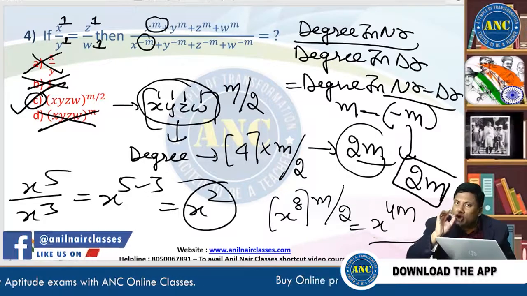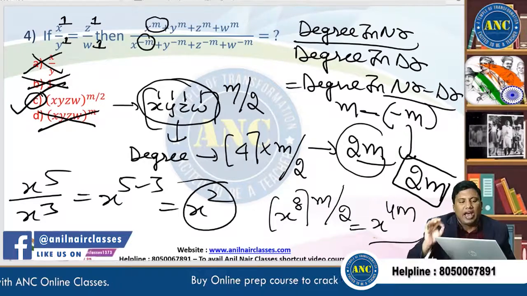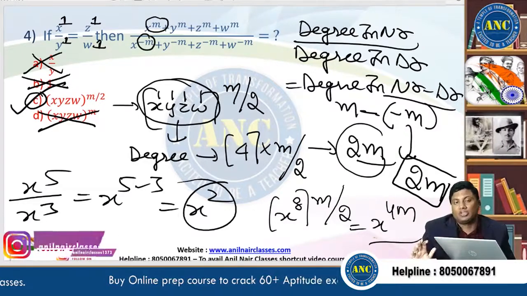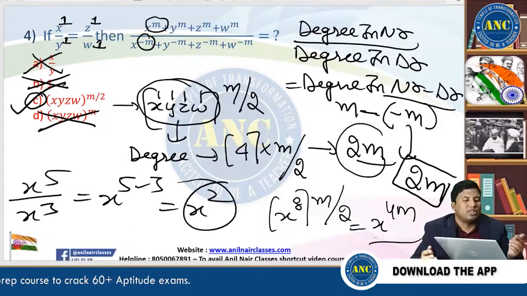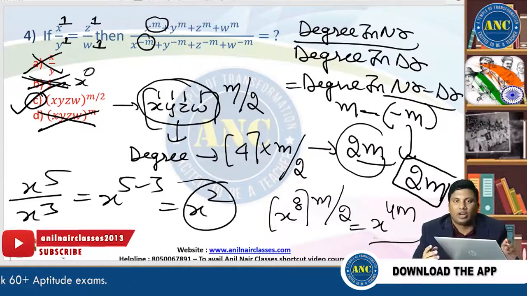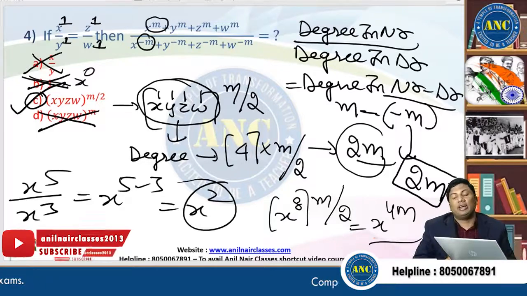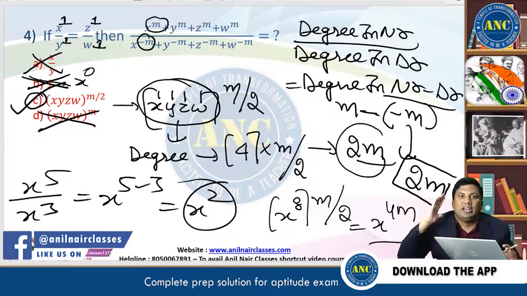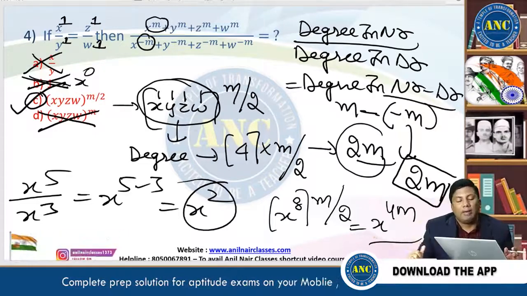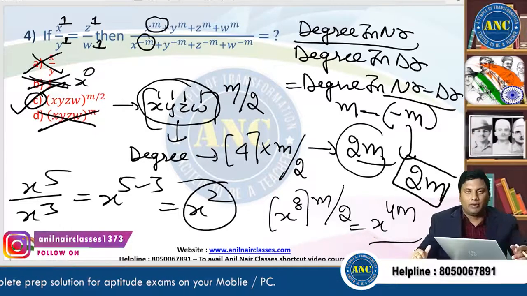Again I am telling you, question contains variables. Answer also contains variables. One I can write it as x power 0, right? If the question contains variables, answer contains variables. First method is degree in the question should be mapped with degree in the answer.